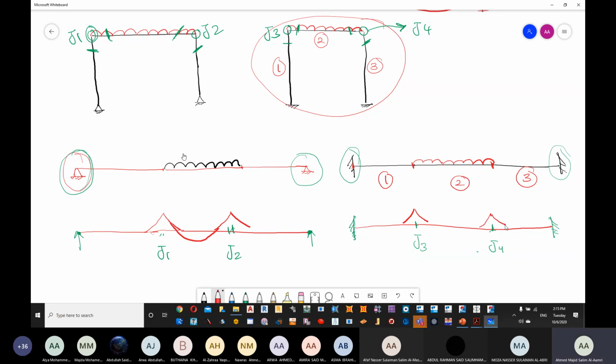Now, in this scenario, do we have any loading? Do we have any loading in this particular region, here and here? No loading. So in case of no loading, for the bending moment diagram you should know already that instead of being parabolic, it is going to be linear.